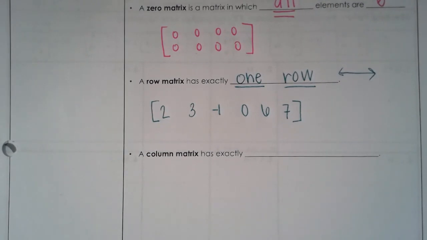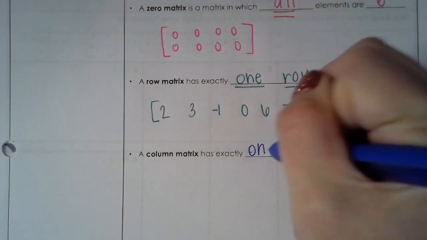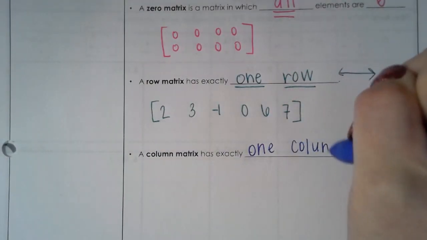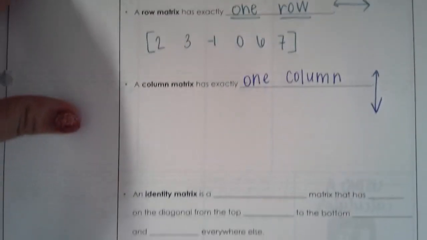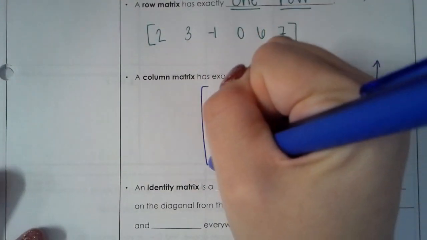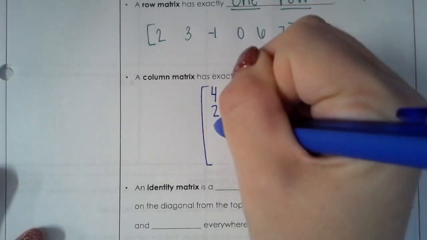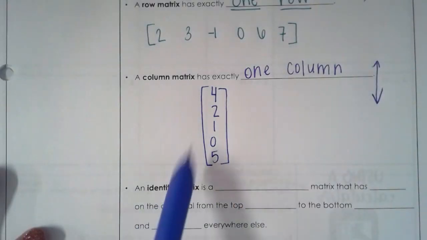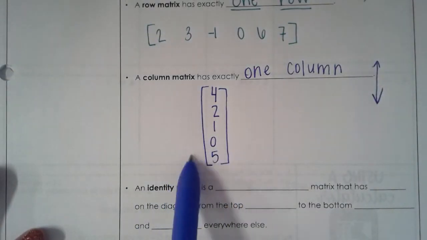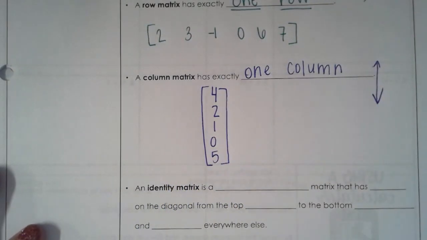A column matrix has exactly 1 column. You know, columns go up and down. This is a 5 by 1 matrix.